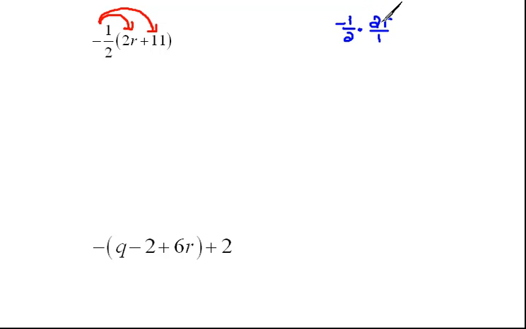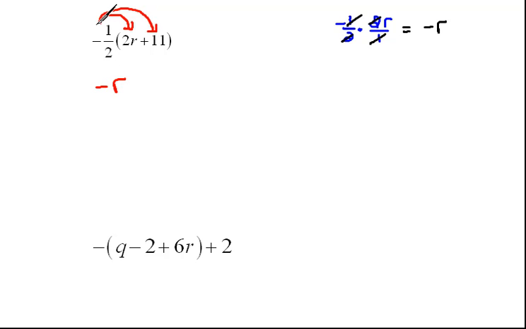So negative 1/2 times 2r, we could put that over 1 so we see fractions. And now our 2's will cancel, and we have negative 1 times r is negative r. So negative 1/2 times 2r would be negative r.